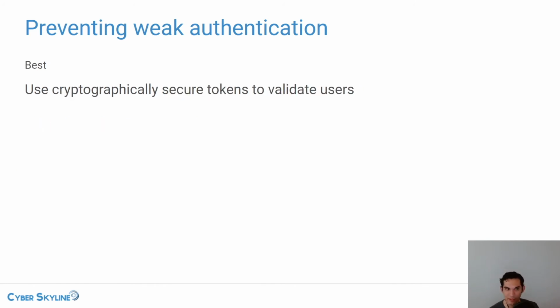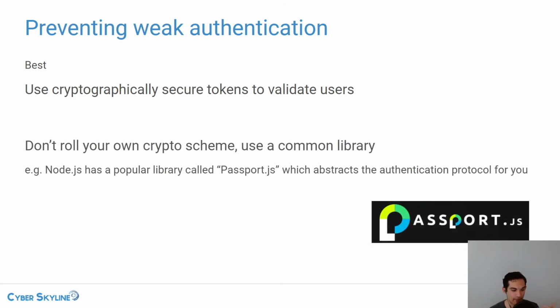The best way to handle this is to use a cryptographically secure token to validate the user. That's basically fancy speak for saying that when you connect to my website and you log in, I'm going to then create a unique ID, and then you can use that unique ID to log in.